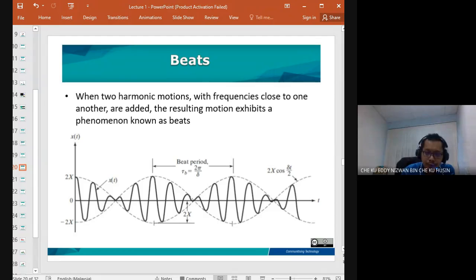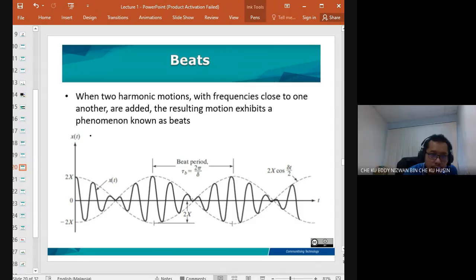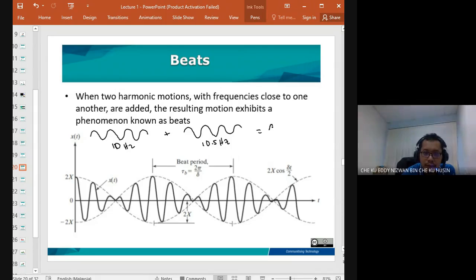For example, when you have two kinds of harmonics, this one is 10 hertz and this one is 10.5 hertz, and then it can look similar to this.